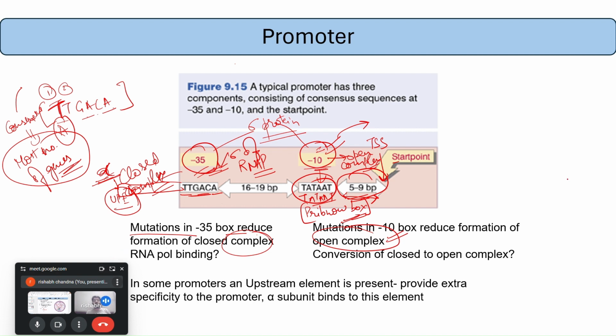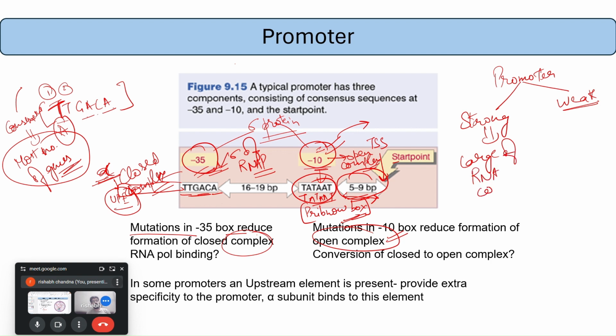We are discussing promoters, so we have two kinds of promoters. One is strong and one is weak. Strong means they produce a large number of RNA copies, and weak means they produce a small number of RNA copies.